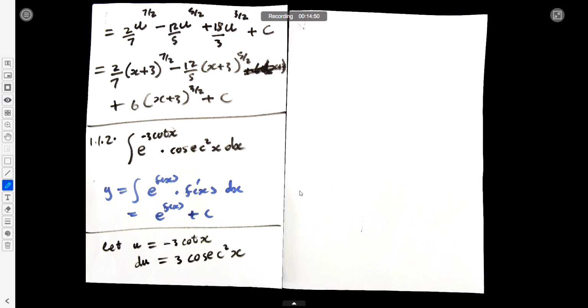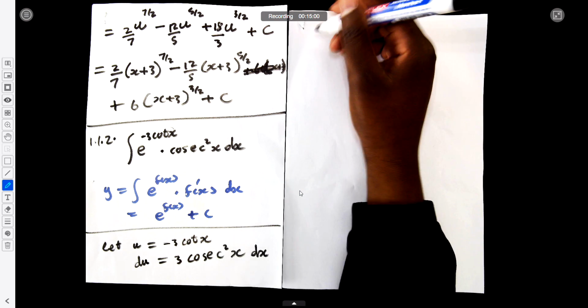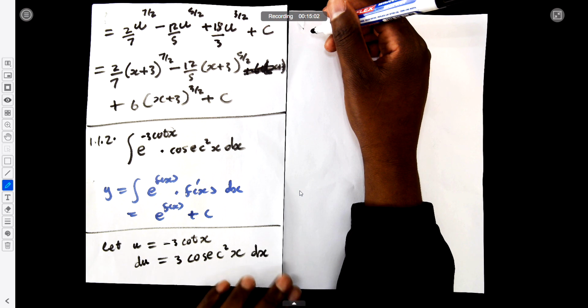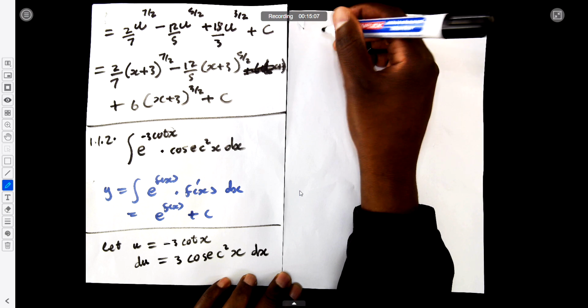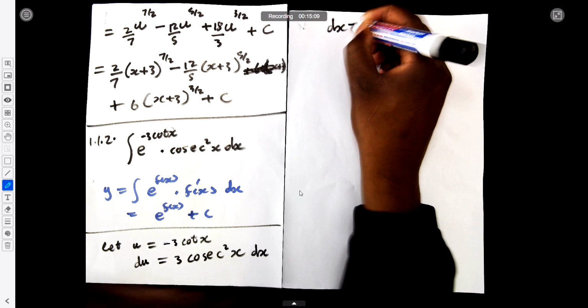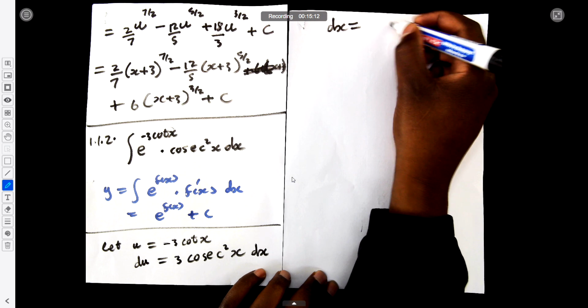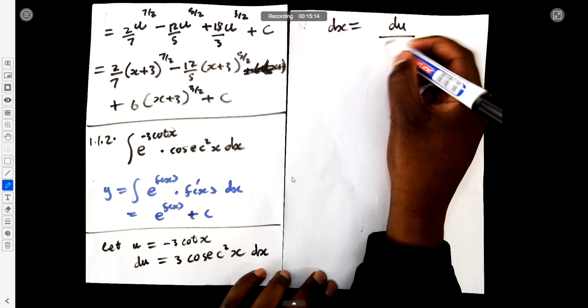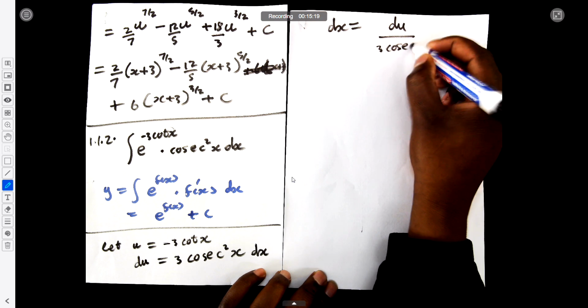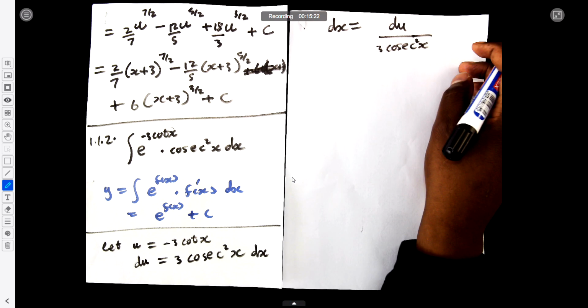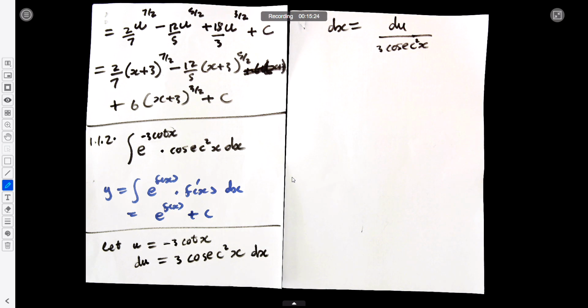Let's multiply by dx on both sides, because we're utilizing du over dx multiplied by dx. Now we're going to replace dx. So dx is equal to du all divided by 3 cosec squared x, since we divided on both sides by 3 cosec squared.